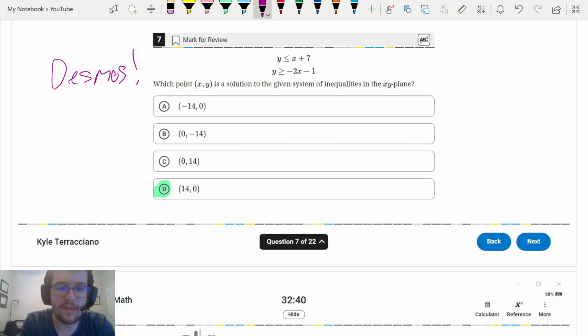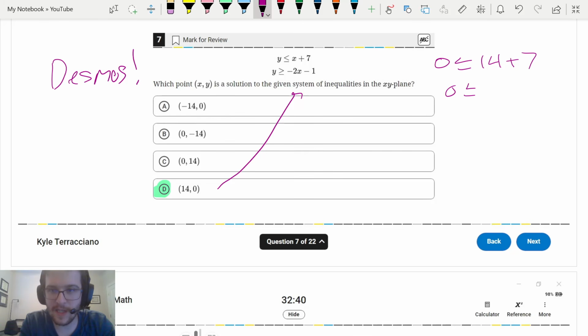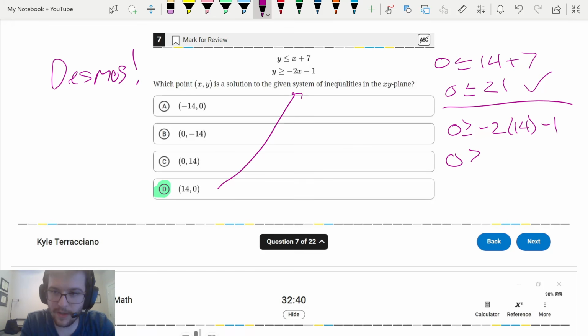But just so that you can see what I mean, what if we did it just for this one? So it would be 0 is less than or equal to 14 plus 7. Okay, 0 is less than or equal to 21. That's true. And what if we got 0 is greater than or equal to negative 2 times 14 minus 1? So 0 is greater than or equal to negative 28 minus 1, which is negative 29, which is also true.